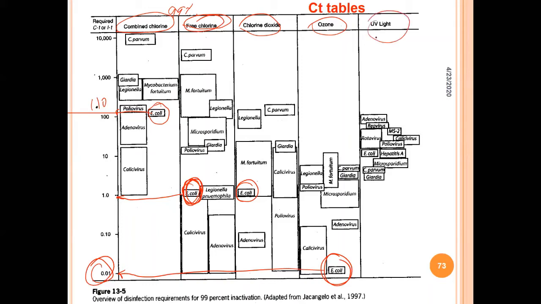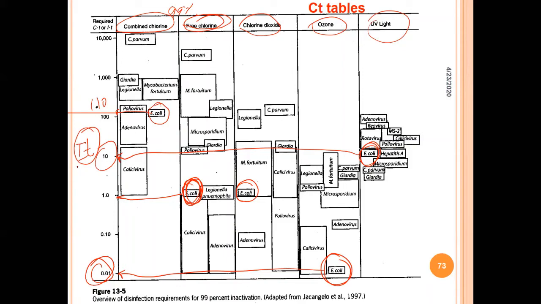In case of UV light, if you want to disinfect E. coli, then we cannot use CT value because there is no concentration of disinfectant. Instead, we use IT value: intensity and time of exposure, which should be 10.